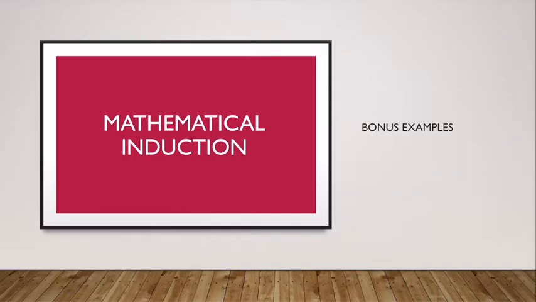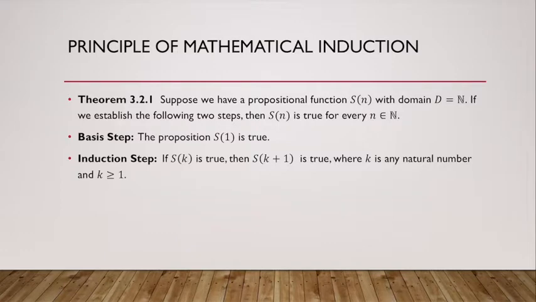So, friendly reminder that the principle of mathematical induction involves us supposing that we have a function that's true for the propositional step, so for when n equals 1, and then we need to prove that if it's true for S of k, which is our assumption, then it also is true for S of k plus 1, where k is any natural number greater than 1.